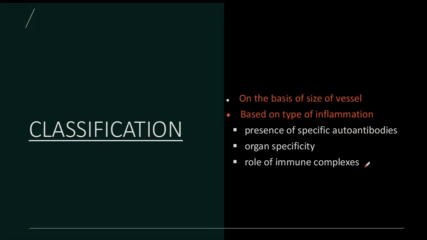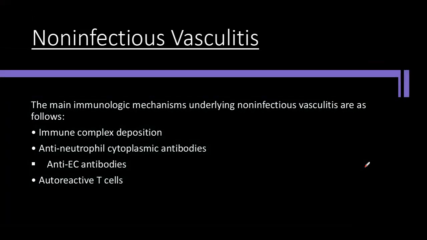In this session, we'll be discussing non-infectious vasculitis. I told you vasculitis can be either immune-mediated or due to direct invasion of infectious pathogens. But these infectious pathogens can also cause vasculitis indirectly, either by causing immune complex formation or by leading to cross-reactivity.